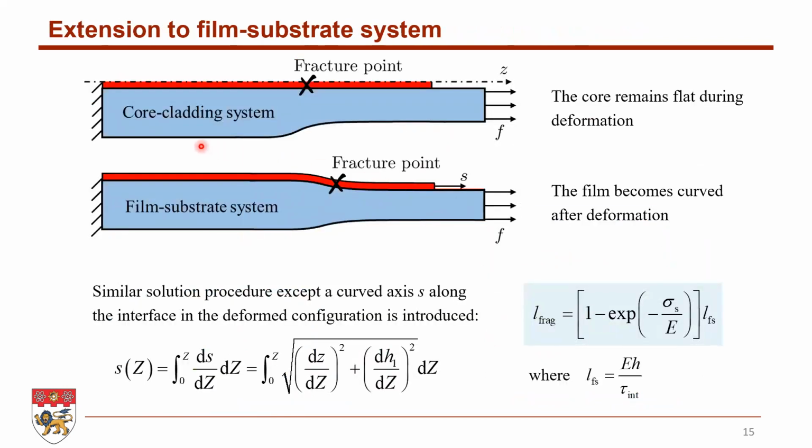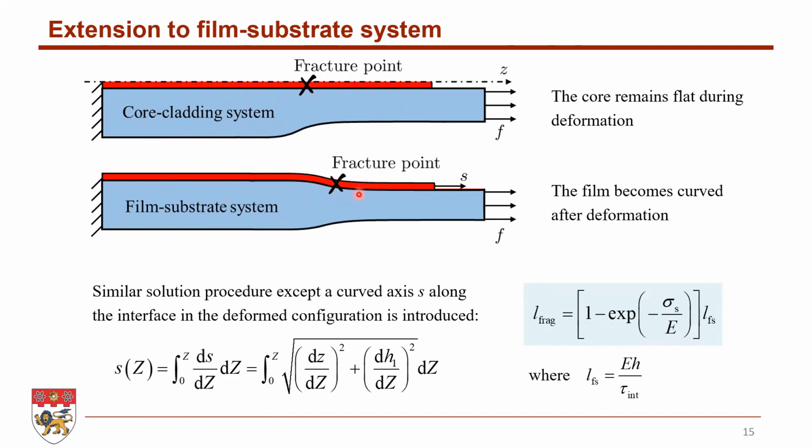And our theory can also be extended from the core-cladding system to this film-substrate system. The major difference between the two is that in the first system, the core remains always flat during deformation. But in the second system, the film becomes curved after deformation.